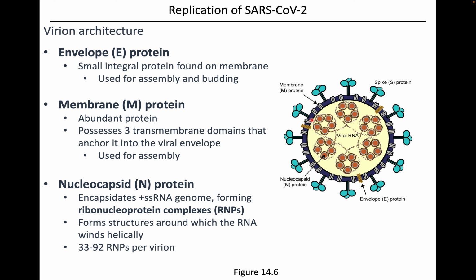Then you have lots of this membrane protein in gray. This is the most abundant protein in the virion. It's got 3 transmembrane domains, as you can see from the little squiggle here, crosses the membrane 3 times. And again, a little bit light on details, but they think this is important for assembly of virions as well.